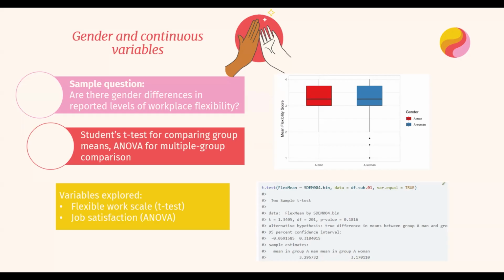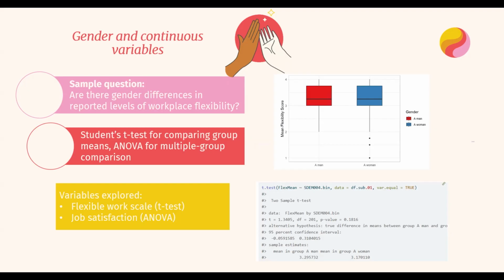Here, for example, we can have a research question like, are there gender differences in reported levels of workplace flexibility? To answer this question, we can use the Student t-test for comparing group means, or ANOVA for multiple group comparison when we explore more factors.